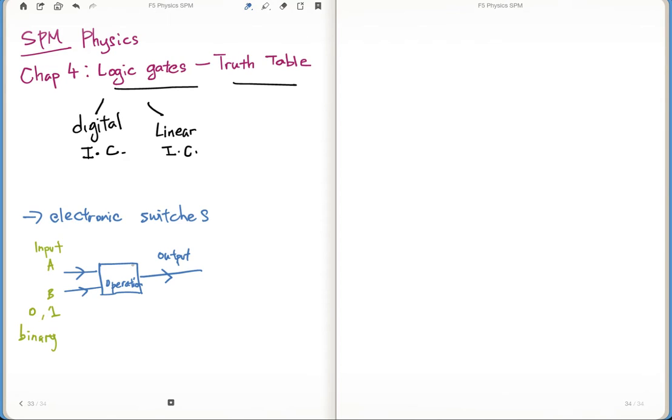You're going to learn there are actually 5 different operations, and they operate only on binary inputs. To start off, based on the inputs, you will get a truth table. So what is a truth table?